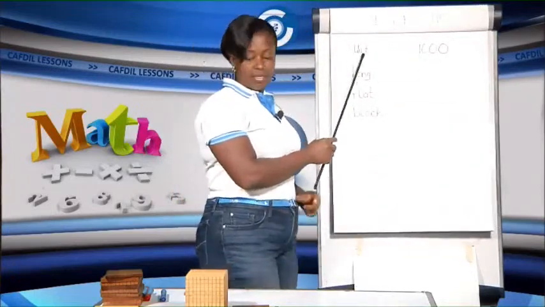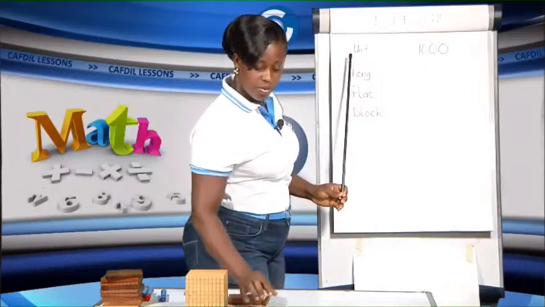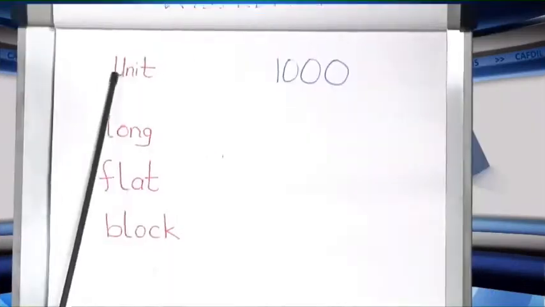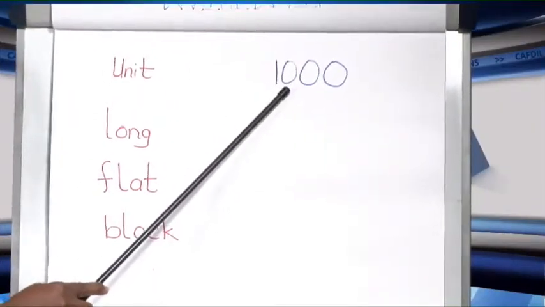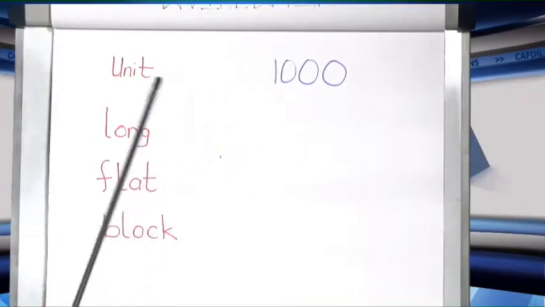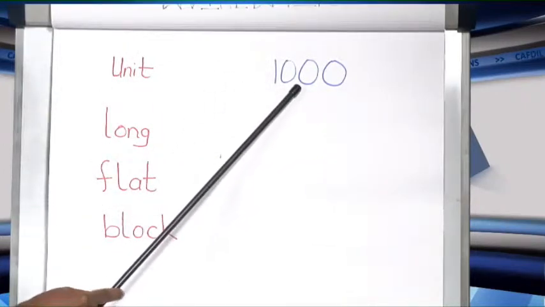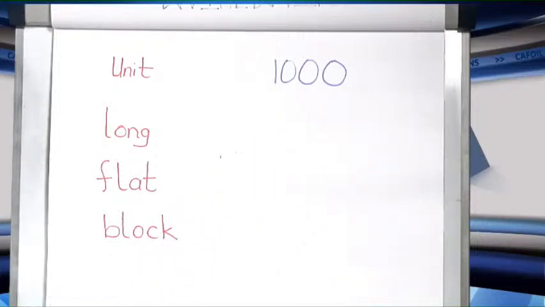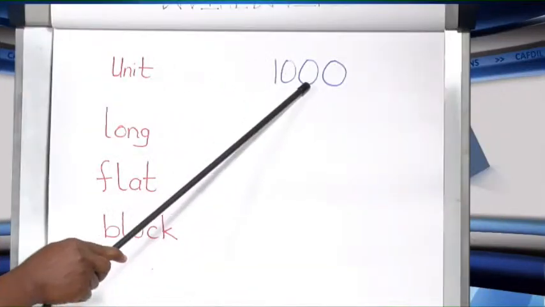With the units, the value is 1,000. With base 5, our unit will be 1,000.